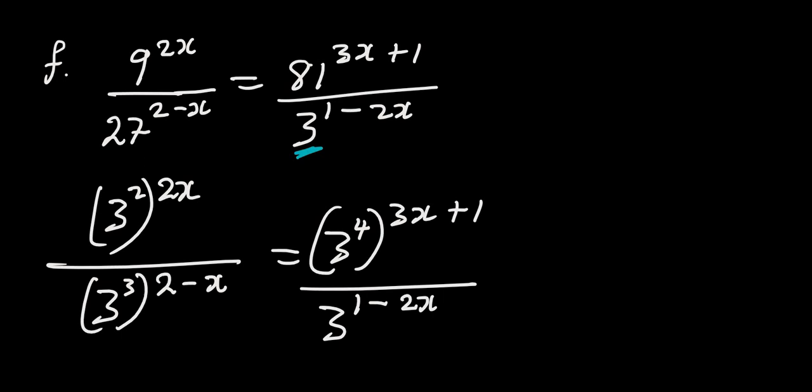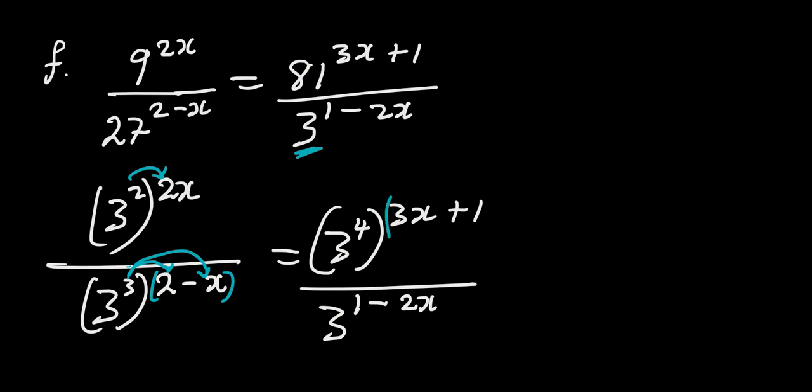Next is to use these two to multiply 2x, and also we can put this in parentheses and distribute 3 into this and also into this. So distribute 3 into x.